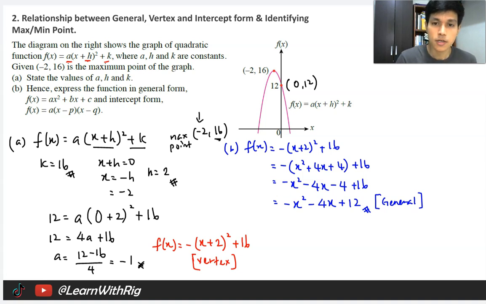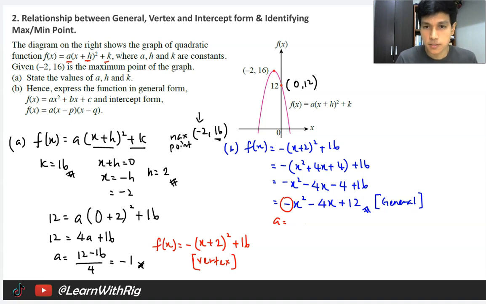So try to make the a value positive if it is negative. And if it's a number, let's say it's negative 2, and you notice that all the terms are multiples of 2, factorize the negative 2 out first. Please bear that in mind.